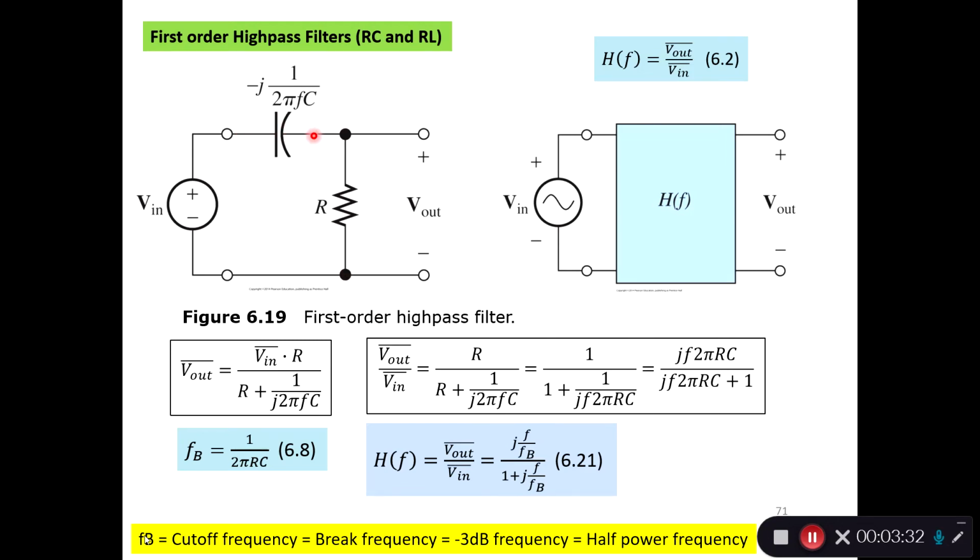Since it's two impedances, we can use the voltage divider. Since we take the output over the resistor, it's on top of the voltage divider equation, and then the sum of the two components. And then we multiply it all with the phasor input. And that's our output.